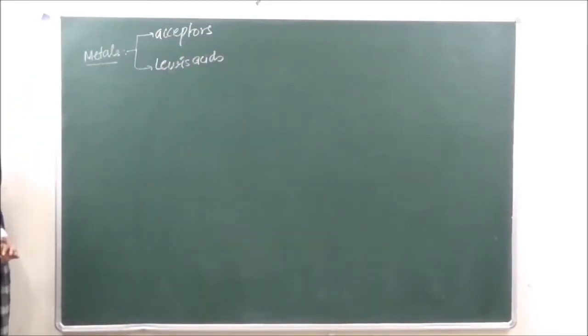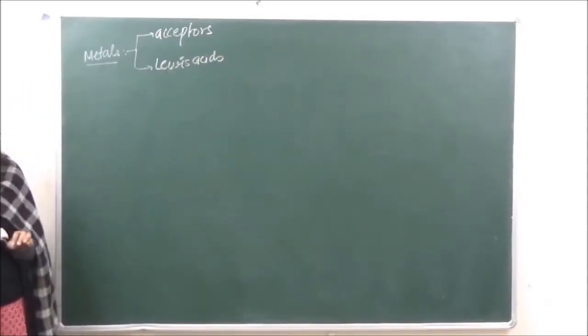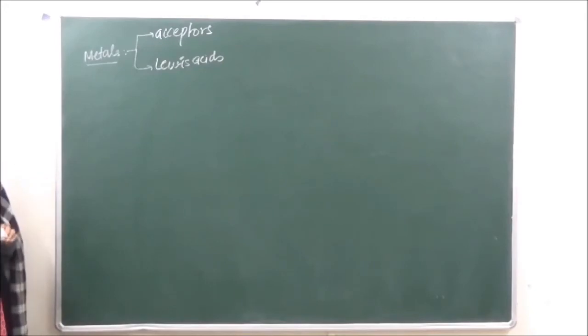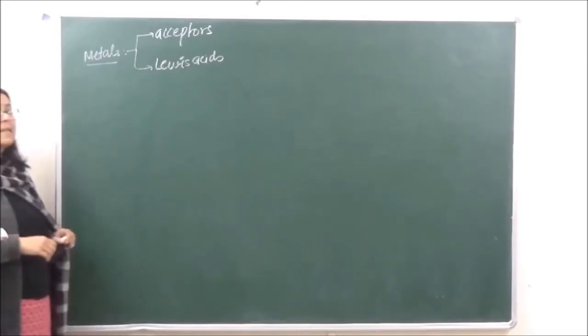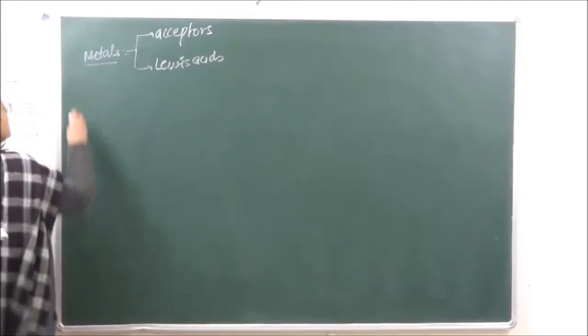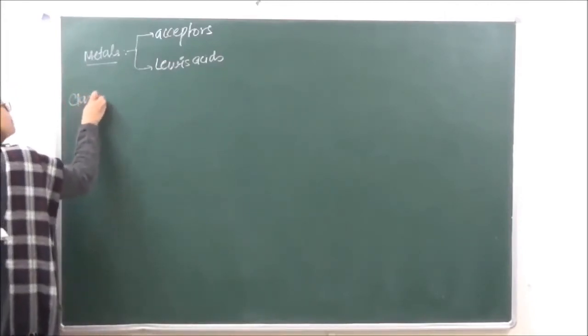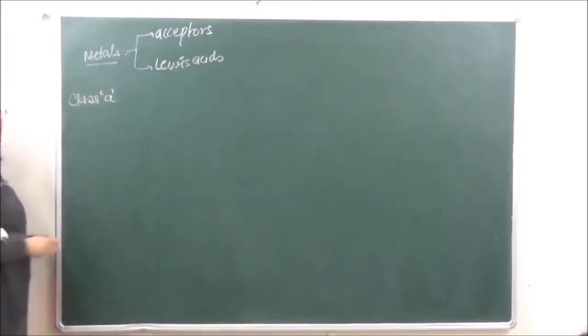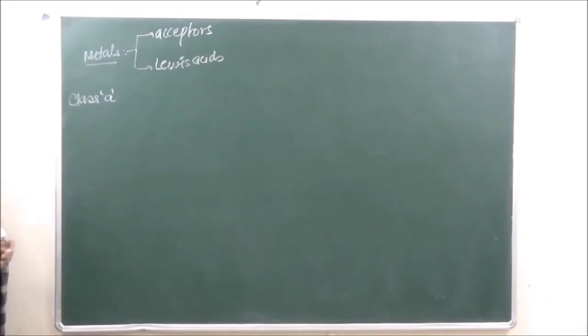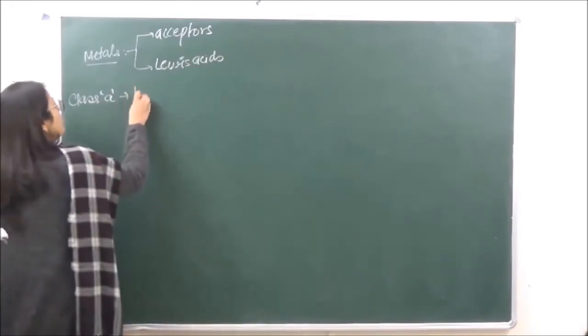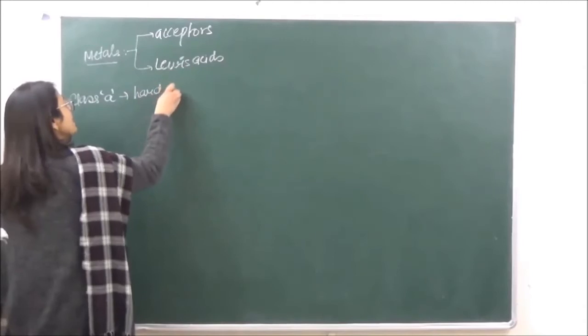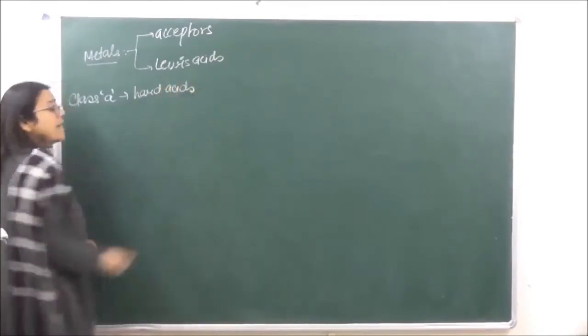Okay? So these are the 2 important things of metals. Now on the basis of their acceptance power, we classify the metals into class A metals. Class A metals are all going to be known as hard acids.